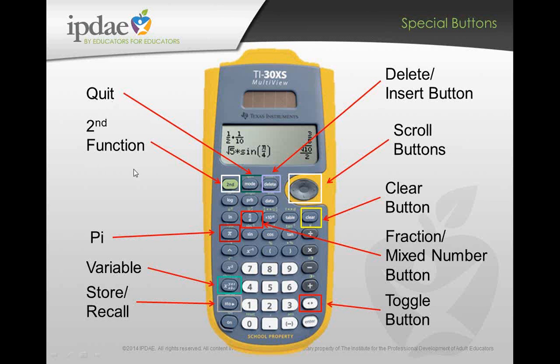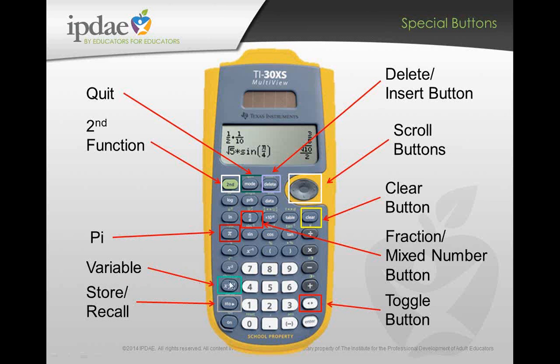We already talked about the second function. We have a button that strictly accesses the value of pi. Just keep in mind that if you are in the math print mode, this will automatically print the symbol for pi and not the approximated value of pi.